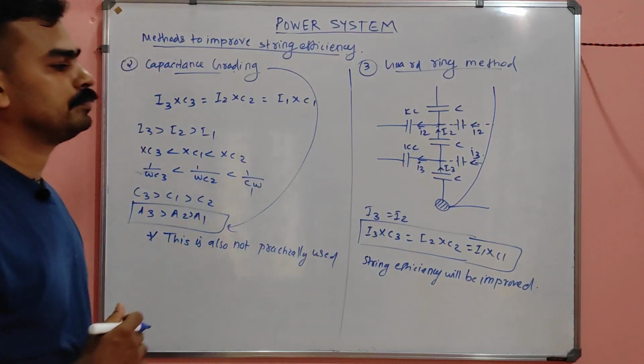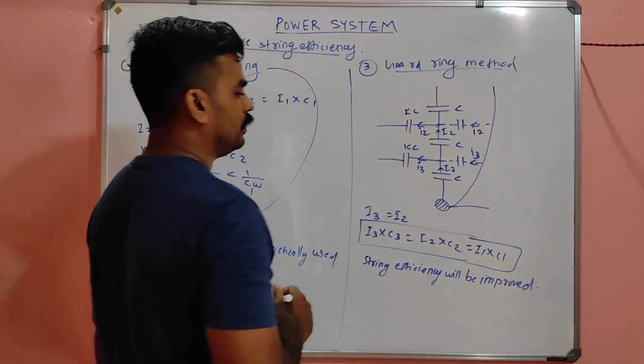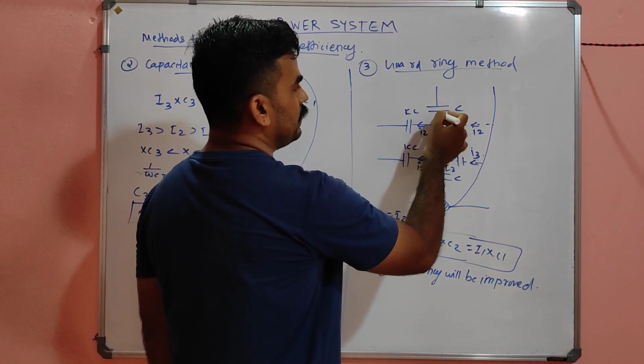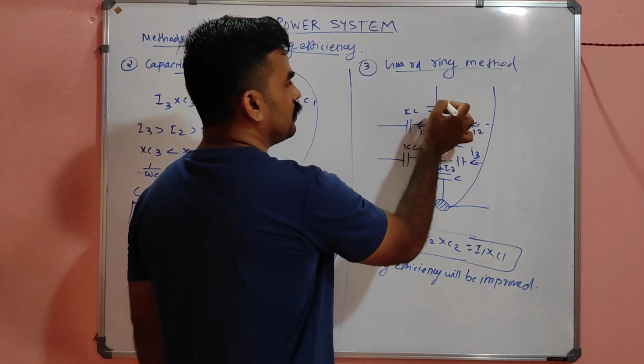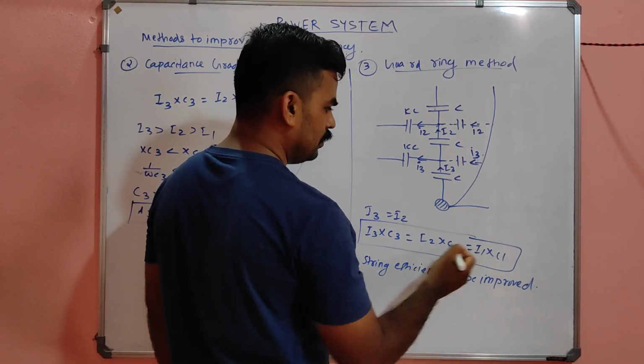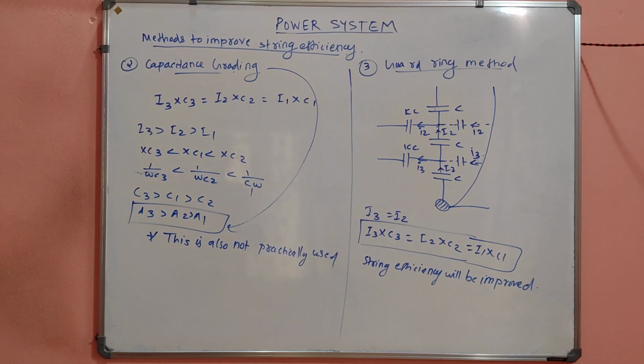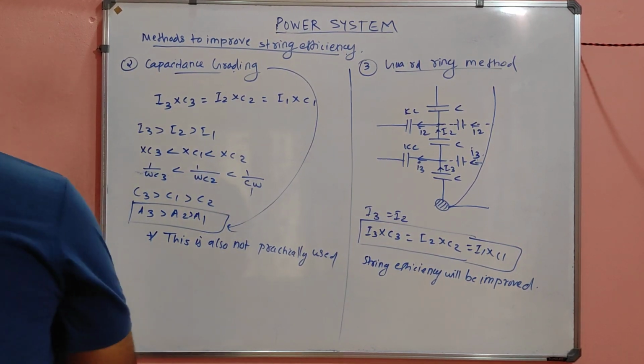Because this I2 is smaller, the remaining current will flow here. There is nothing to flow here, so the same current will flow here. Simple. So string efficiency is finally improved. This is the method actually we are using in transmission lines.